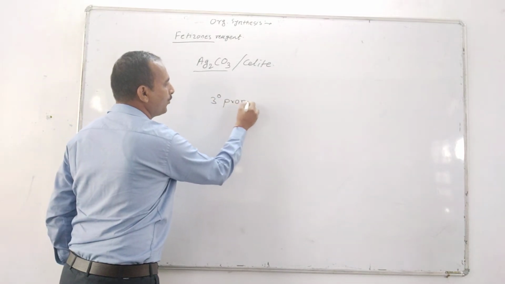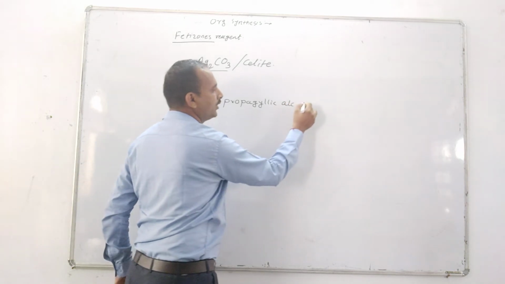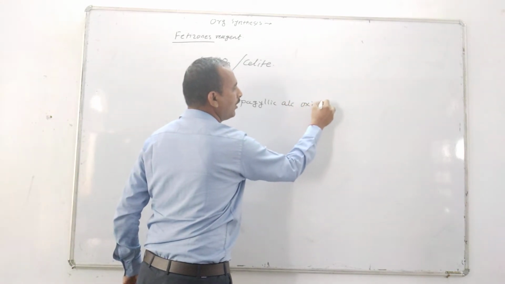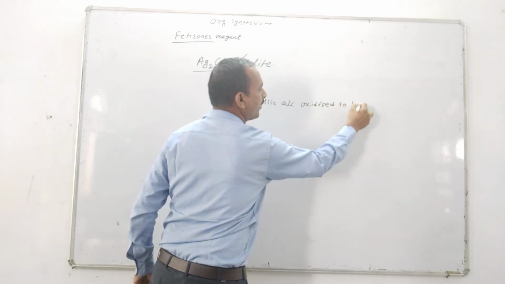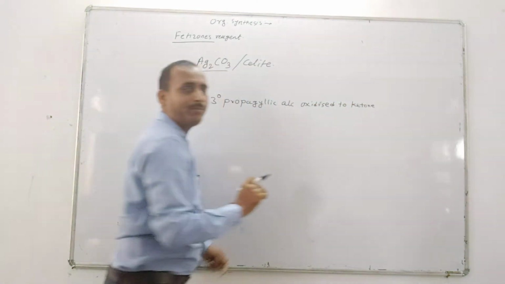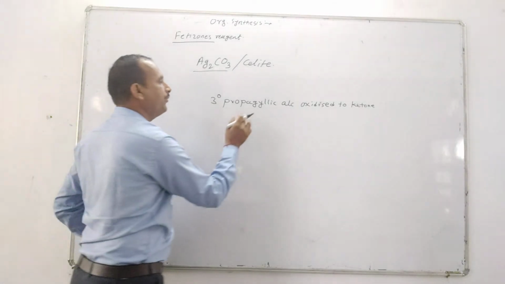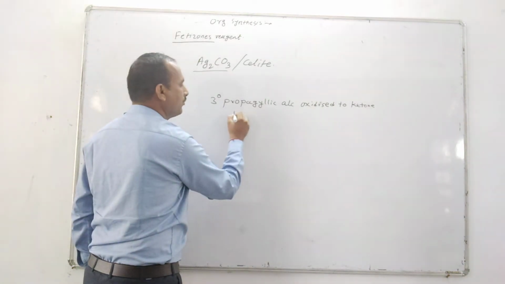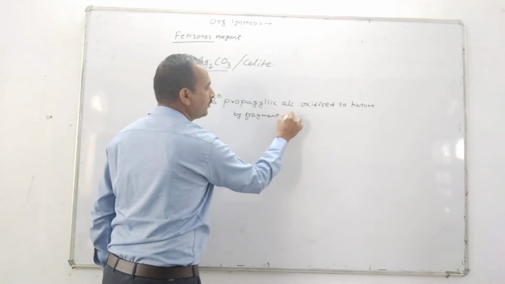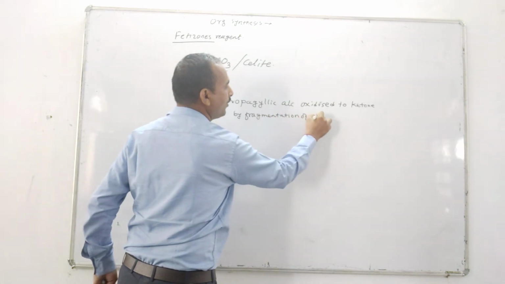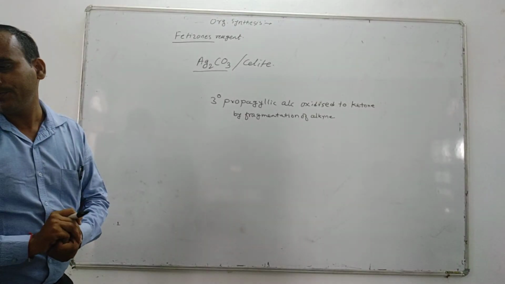Tertiary propargyl alcohol is oxidized to ketone by fragmentation of the alkyne. Let's see the example of such a type.